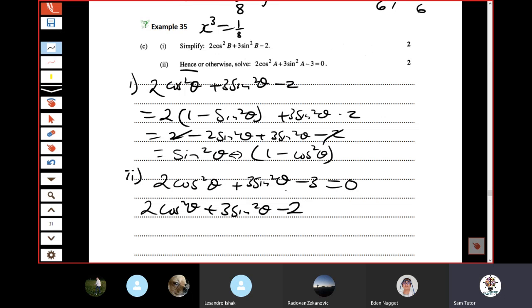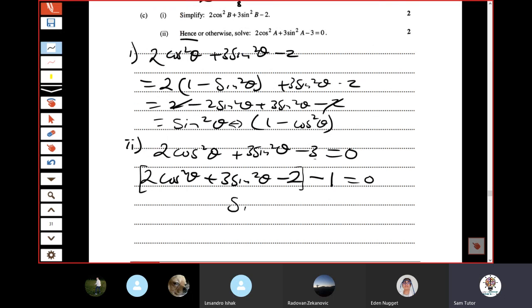So what it is, it's that minus 1. The negative 3 is in fact minus 2 minus 1. And we know all of this is just sine squared theta minus 1 equals 0. Does everybody understand what I've just done there with the minus 3, how I broke that up into minus 2 and minus 1? Because the rest was the same.